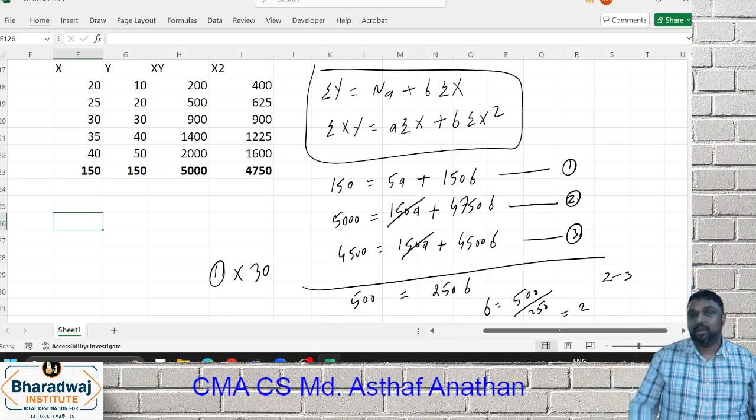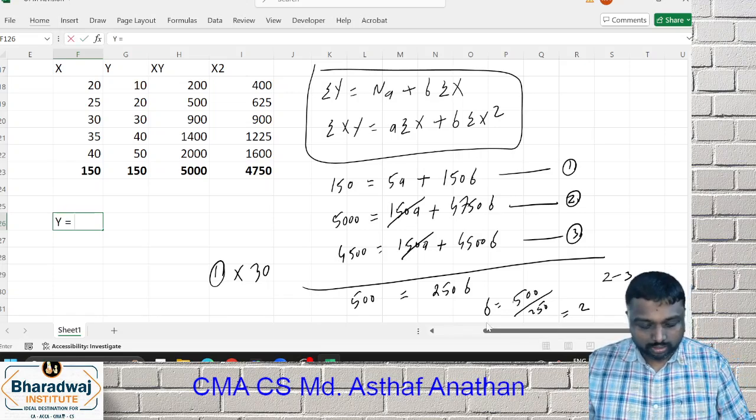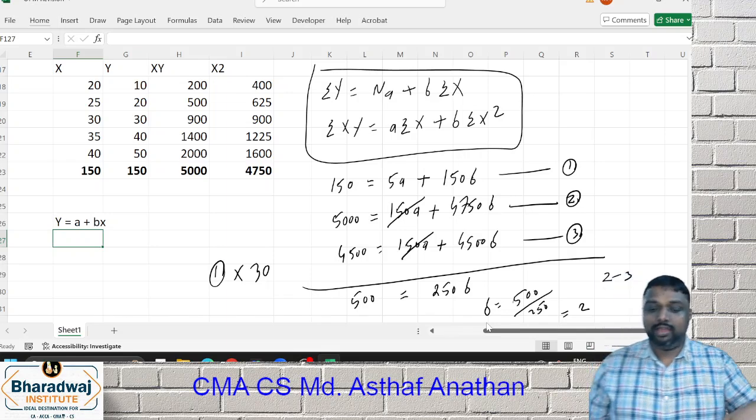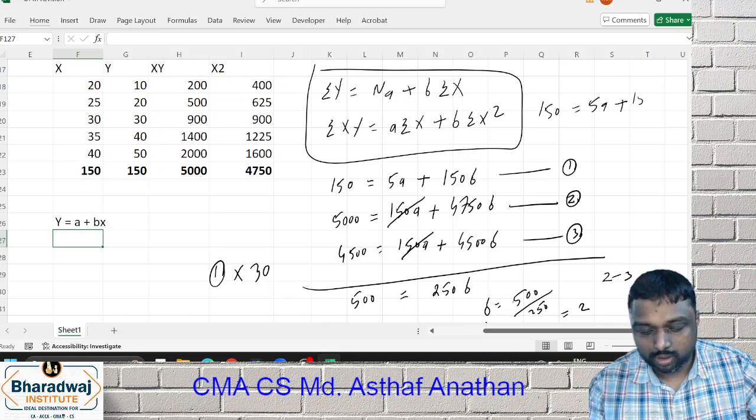This is how you have to approach. Now you can apply in your formula y is equal to a plus bx. So you got the b value, and the a value you can get by applying anywhere. I will apply in equation 1. If I apply in equation 1, 150 is equal to 5a plus 150 into 2. Correct?